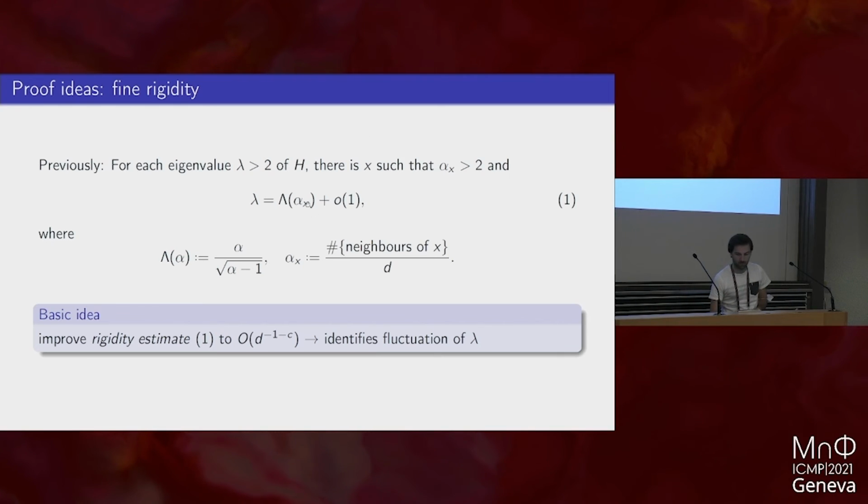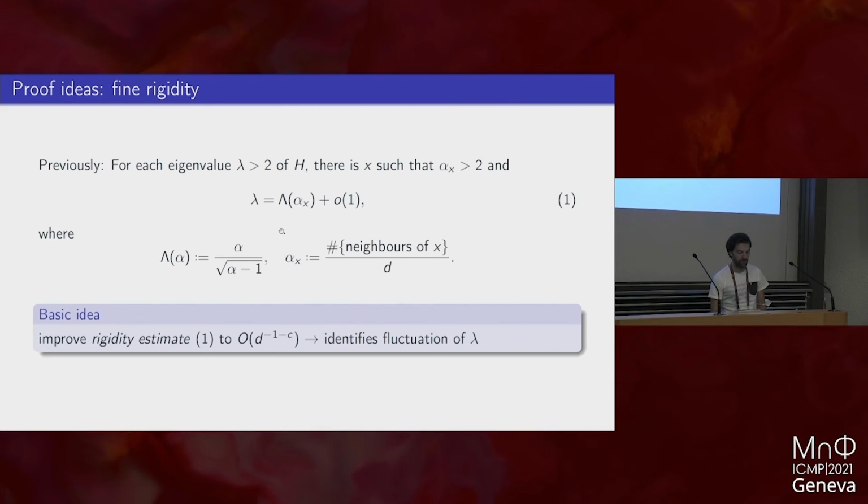One is what one calls a rigidity estimate. We have to actually improve this, or the basic idea is to improve this such that the error term becomes of this order, because there are some heuristic arguments using perturbation theory. One can see that actually one expects the fluctuation of this eigenvalue lambda to be of order 1 over d.